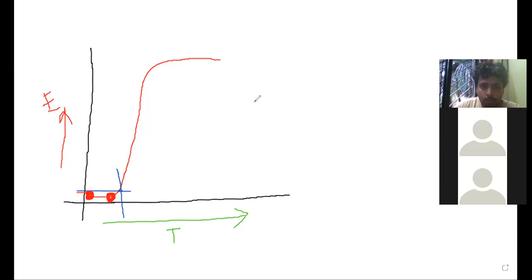This is popularly known as poverty trap. আমি P আর T লিখে দিচ্ছি। This is called poverty trap.